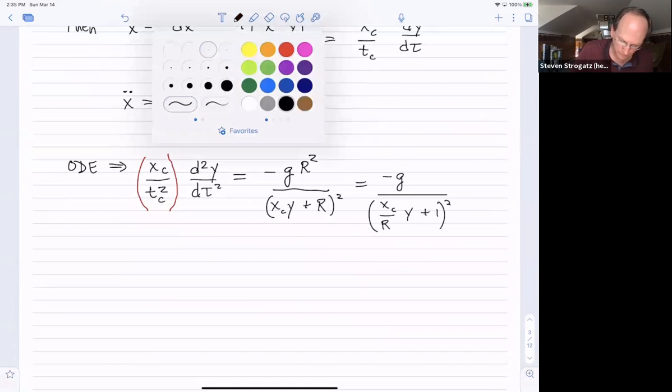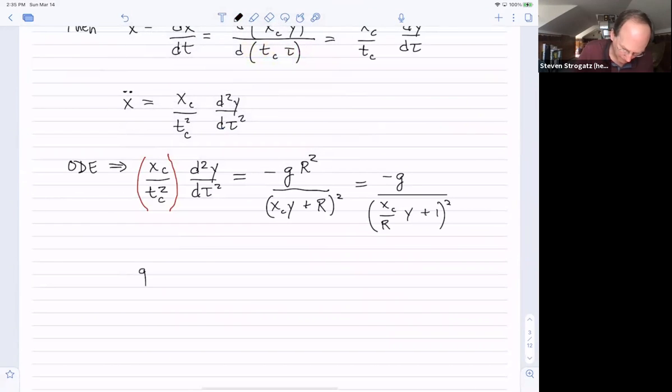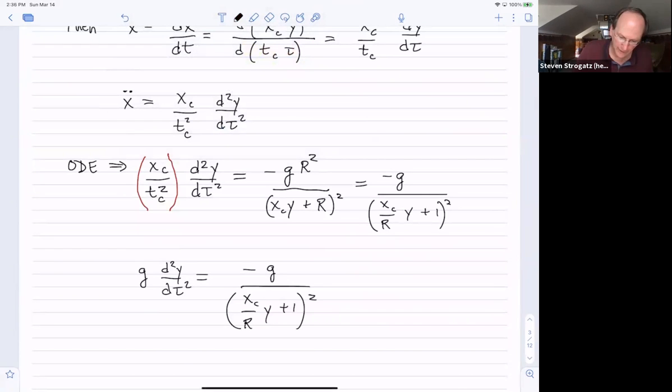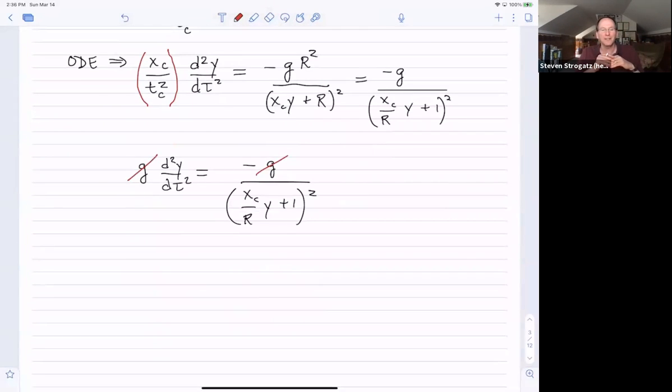That we're now getting g times this second derivative of y with respect to tau is minus g all over xc over r, y plus 1, all squared. Can cancel out these g's. And I've now succeeded in cleaning up the equation a lot, right?